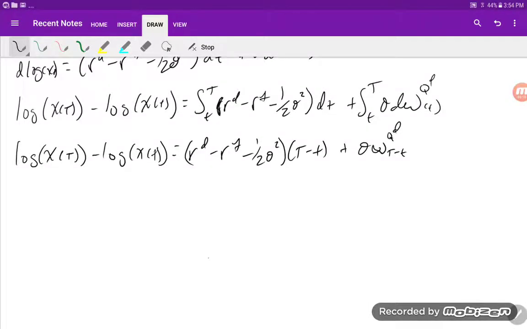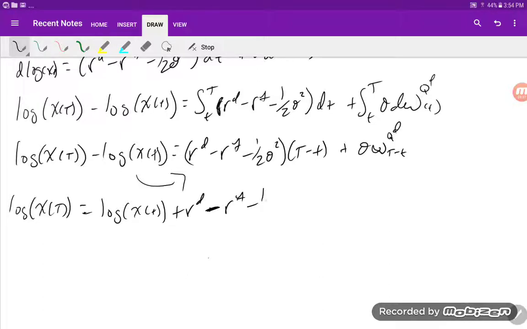Okay, so what we want to do now is we can move this to the other side. So we'll have that log x at big T is equal to log x at little t plus (rd minus rf minus 1/2 sigma squared)(T minus t) plus sigma W^Qd_(T minus t).